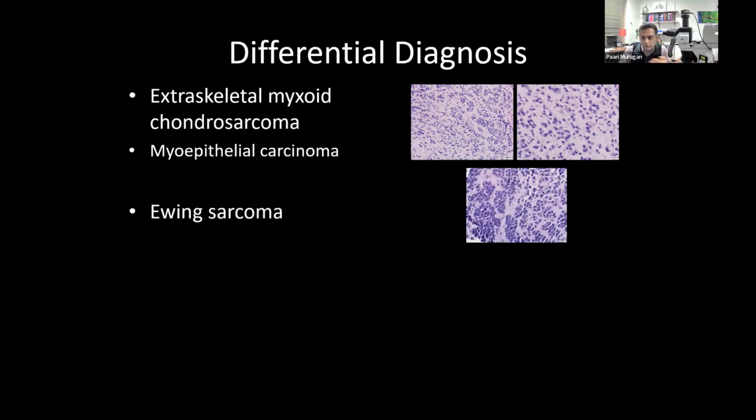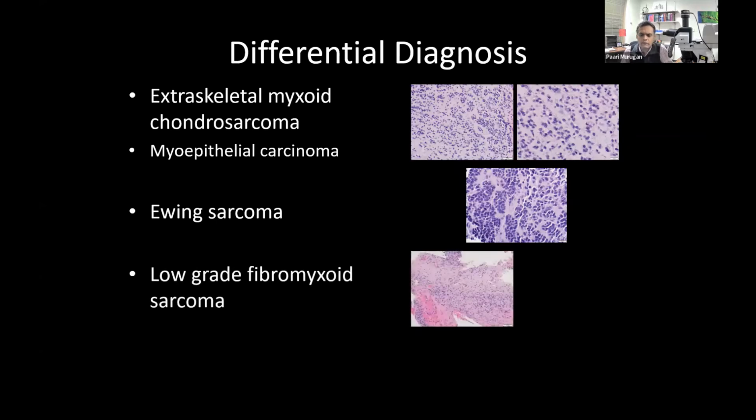So what other differential diagnosis? How about Ewing sarcoma? Of course, because you're dealing with a small round blue cell tumor, and we also saw areas that were different from here, where we had these clusters of small round blue cells closely packed together, and in these areas, we did not even see nucleoli. So we might be thinking of a Ewing sarcoma, and that's definitely worth exploring.